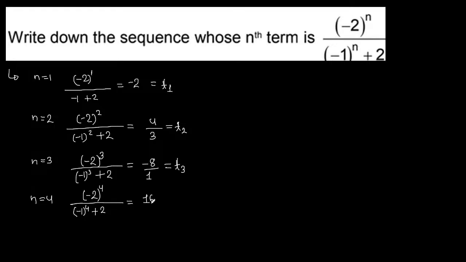This is 16 by 3, which is T4. So the sequence is -2, 4 by 3, -8, 16 by 3, dot dot dot. It will keep on going.